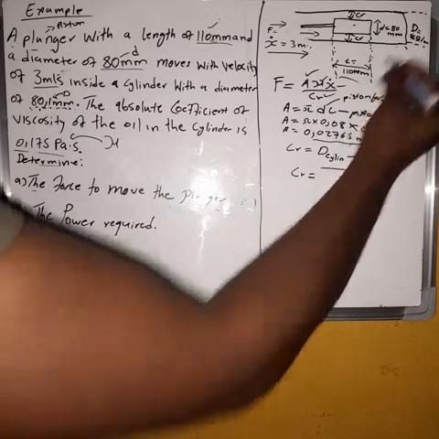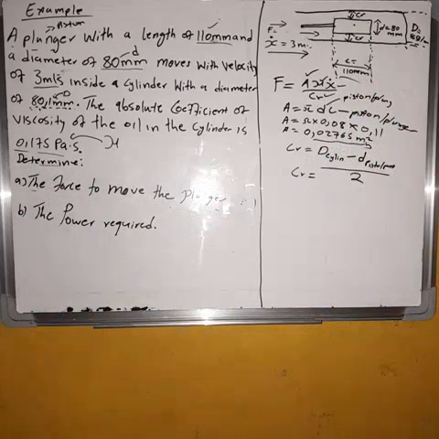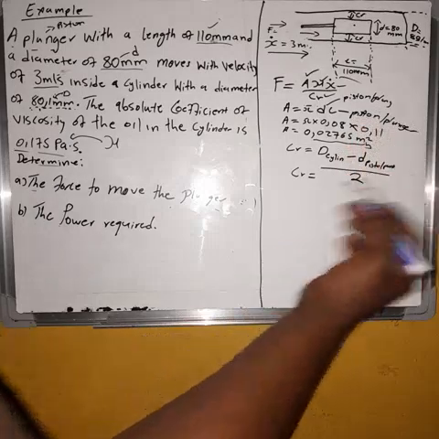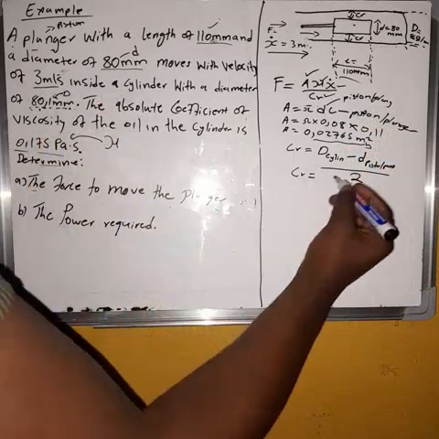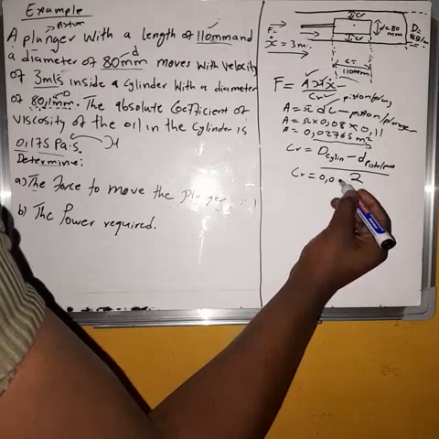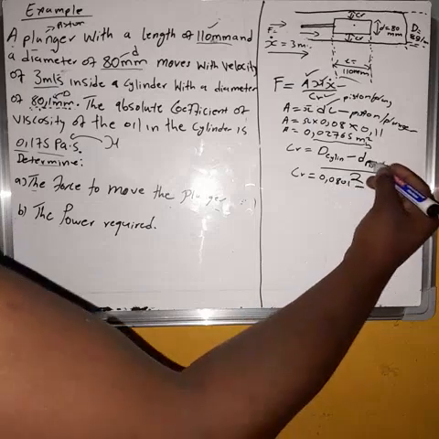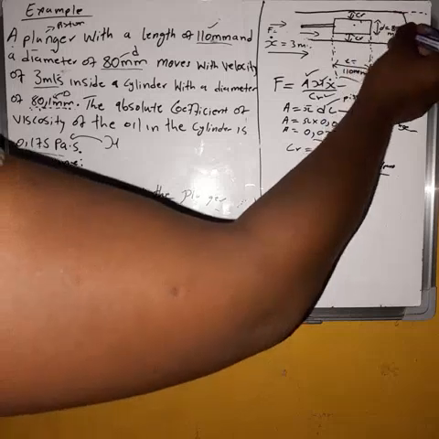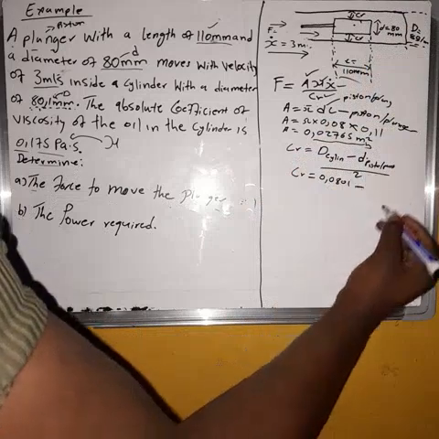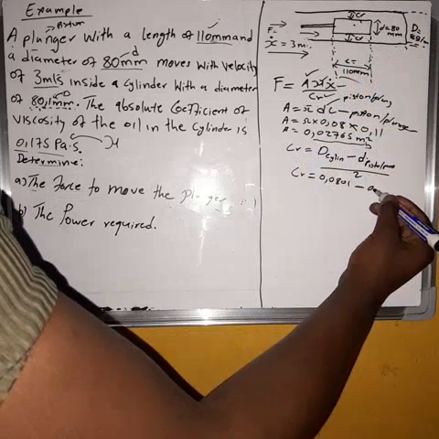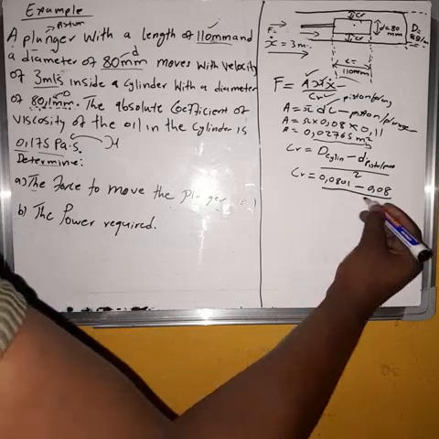Clearance. What is the diameter? That is 80.1 millimeters. Let's convert to meters. You divide by 1000, which gives 0.0801. You subtract the diameter of the piston or plunger, which is 0.08. You divide by 2.